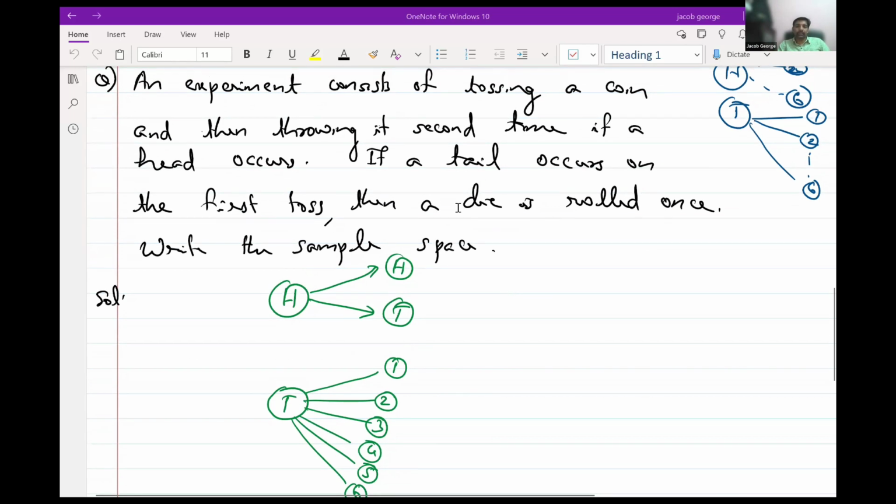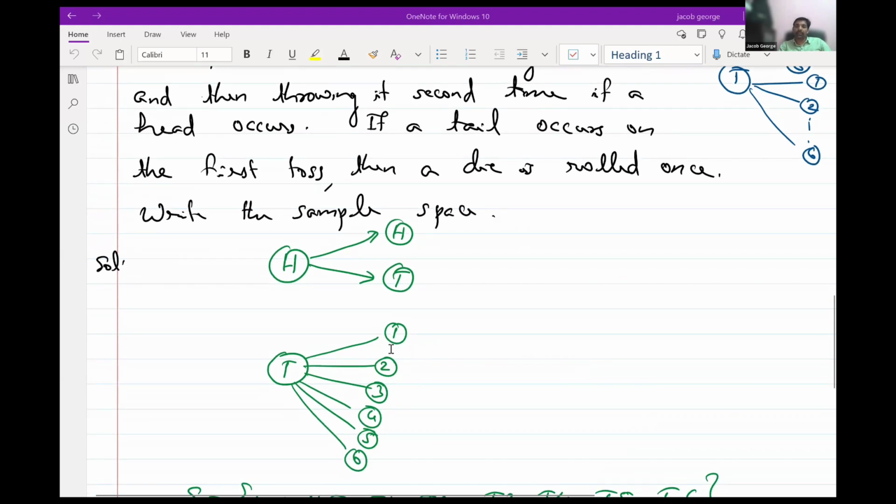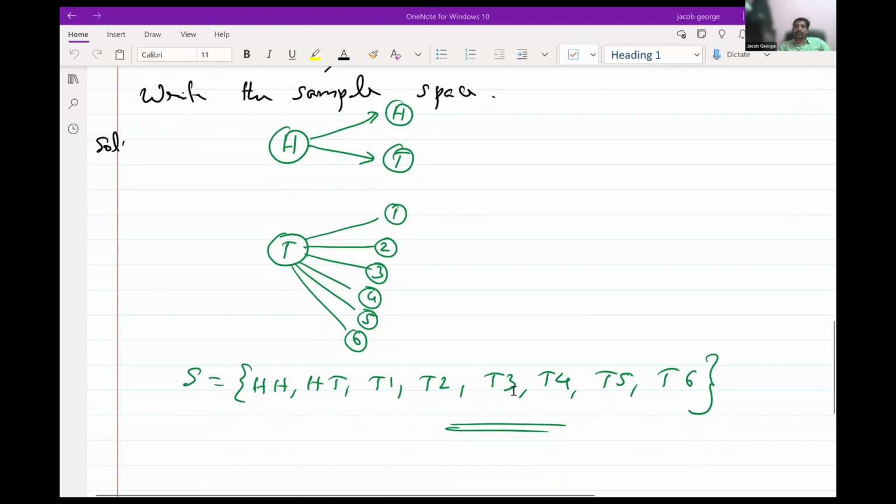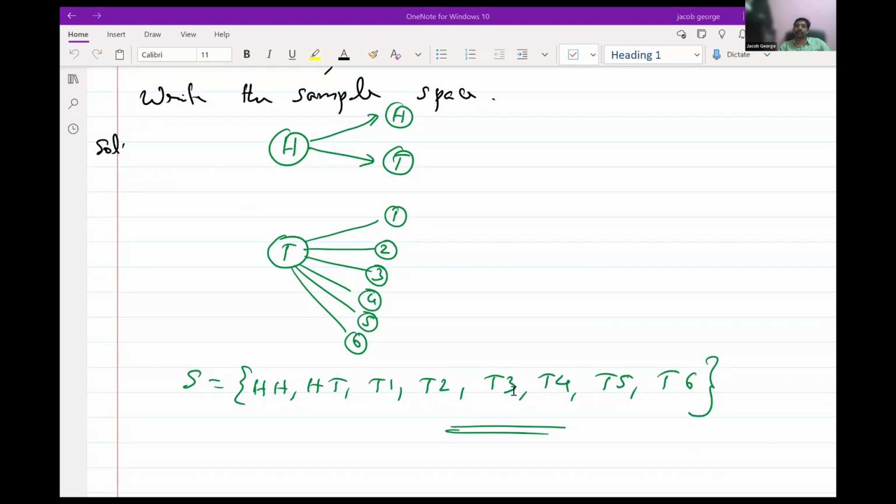If a tail occurs on the first toss, then a die is rolled once. So with tail, a die is rolled once, meaning 1, 2, 3, 4, 5, 6 with the tail. So this is the sample space: HH, HT, then T1, T2, T3, T4, T5, T6. Is it clear?